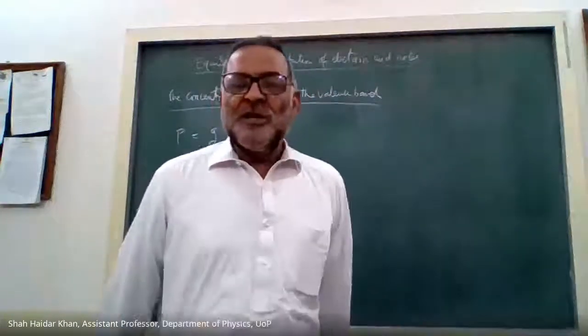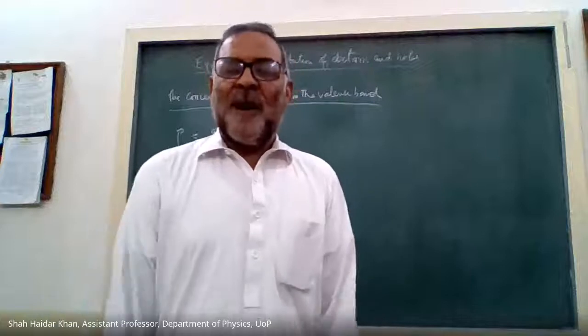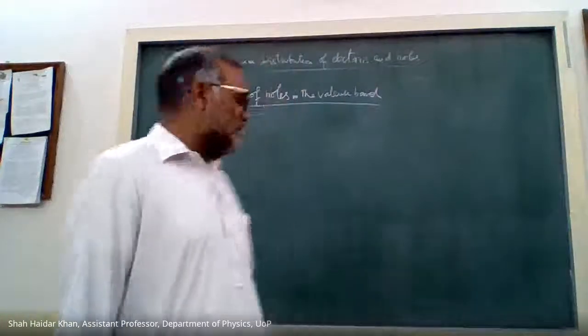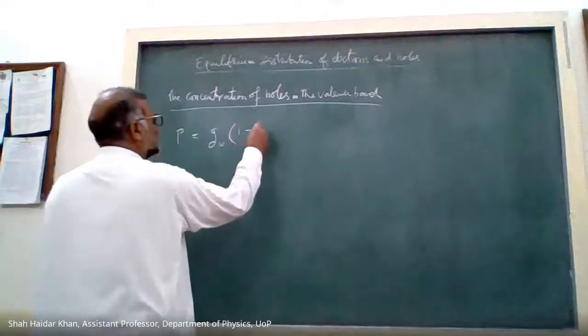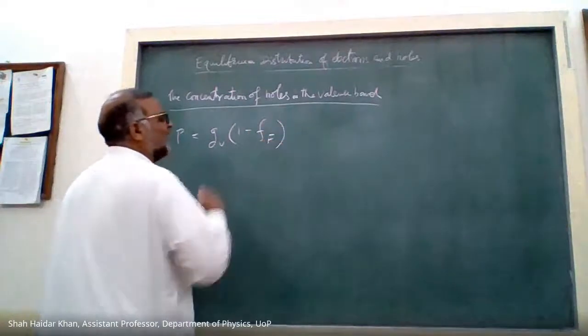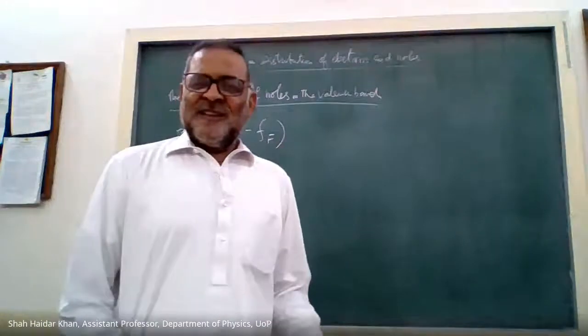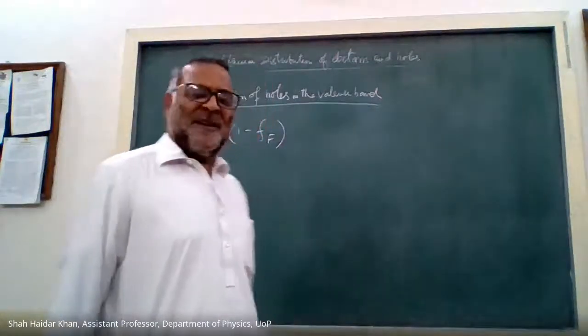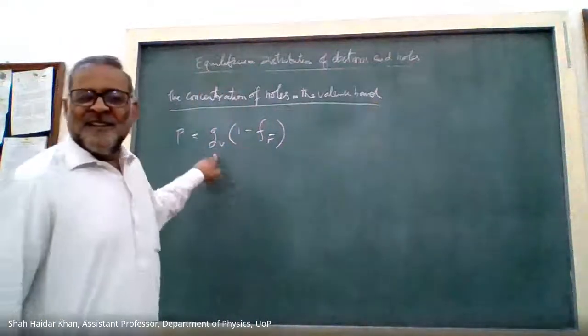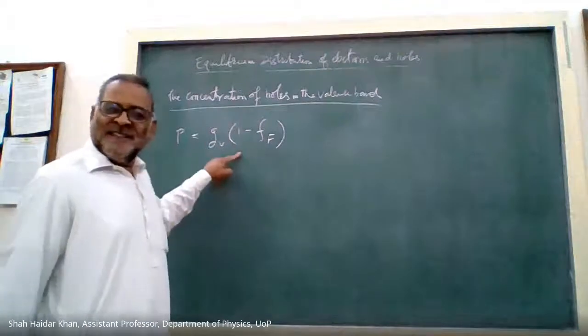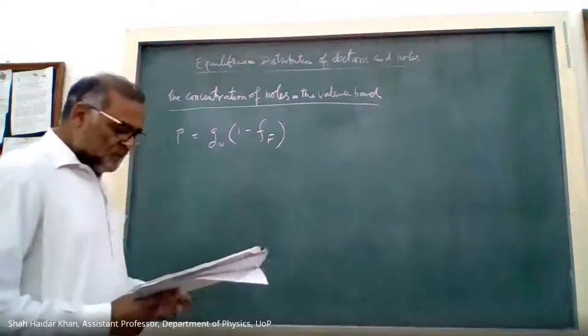And the probability of emptiness will be 1 minus the probability of occupation, right? So we can write this as 1 minus F of E. So the distribution of holes in the valence band can be written like this, multiplied by this thing, right?